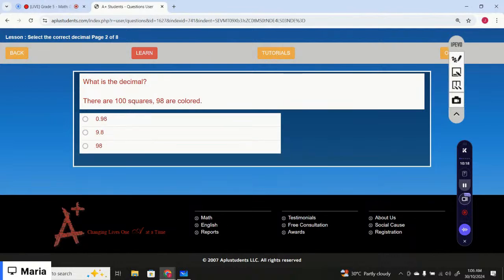What is the decimal? There are 100 squares, 98 are colored. So, which is the correct option?